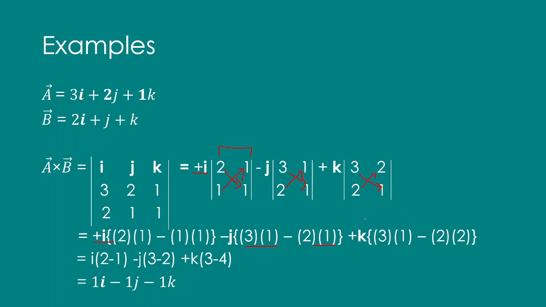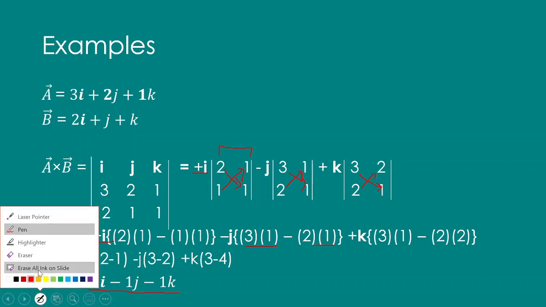When you solve this or plug it in the calculator, it's simple algebra. So you get 1i plus minus 1j minus 1k. So our final answer for the cross product of these two vectors is 1i minus 1j minus 1k.